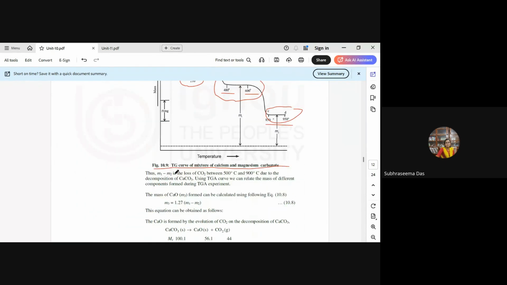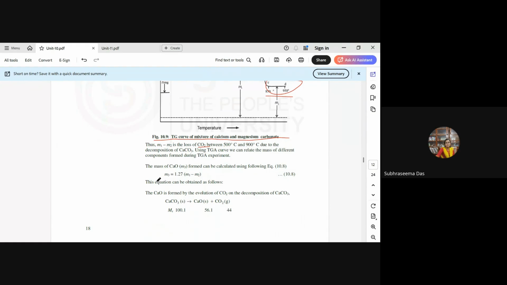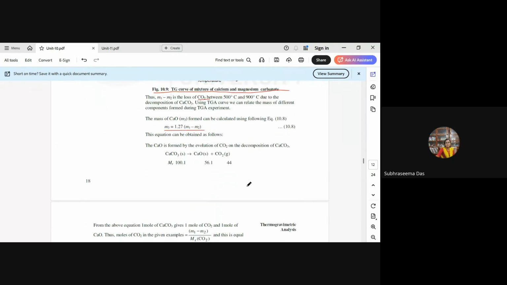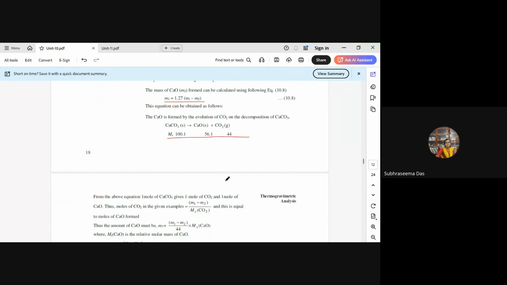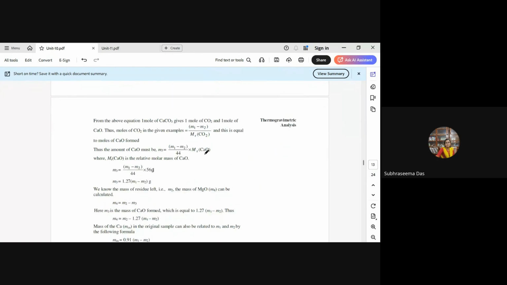So thus M1 minus M2 will give us the loss of carbon dioxide, due to the breaking of the calcium carbonate. Then, using this value, M3, that is the mass of calcium oxide, can be calculated, and using this equation we can finally calculate the mass of the magnesium oxide.